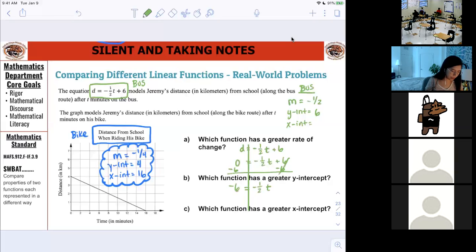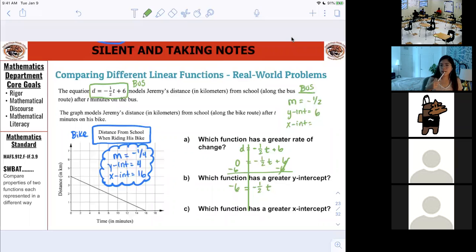And what should I do to both sides? I have a fraction. Remember, fractions are division.